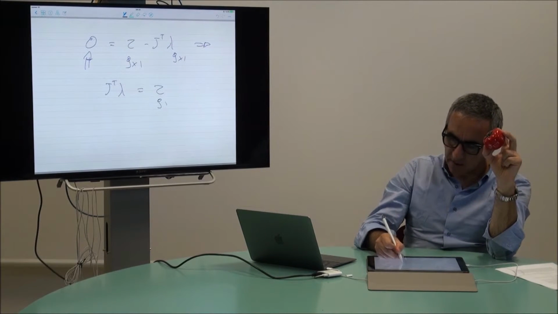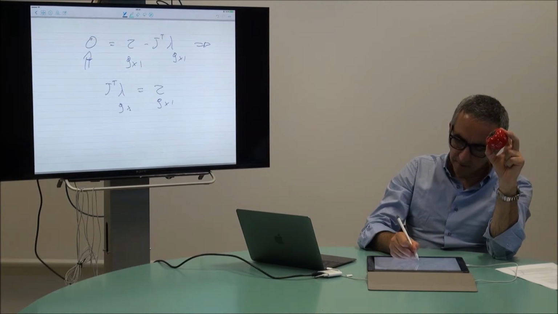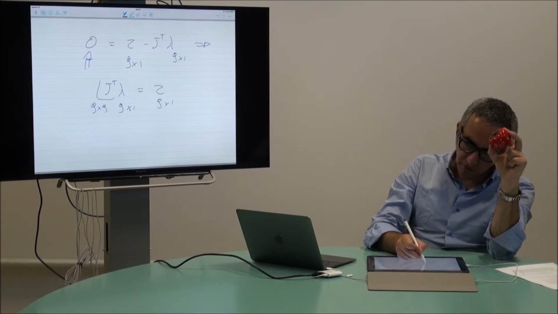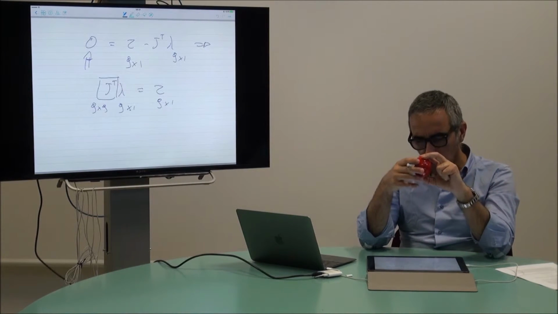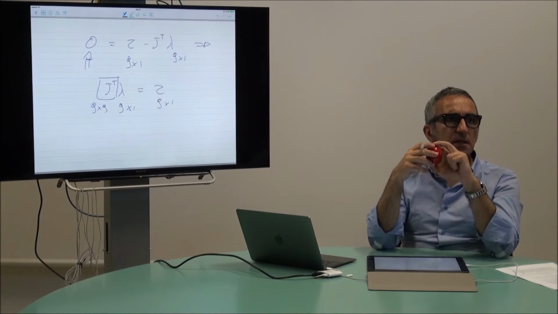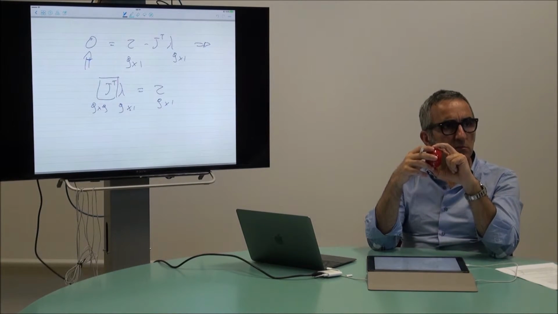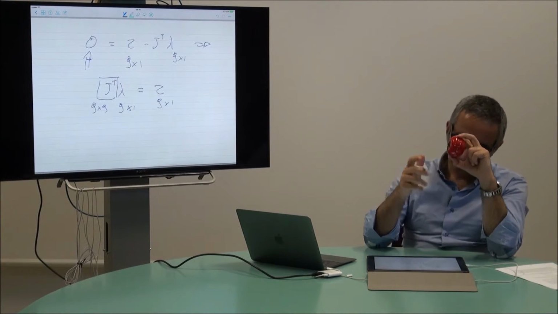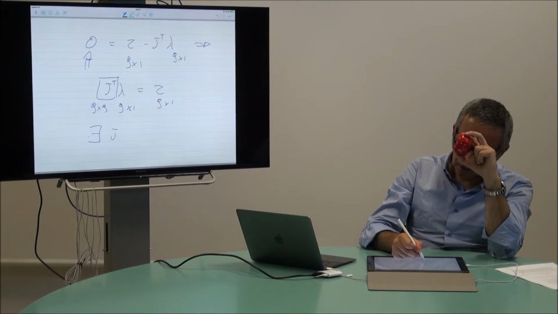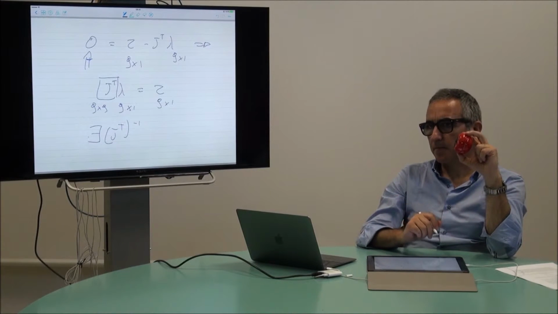This is 9 by 1, this is 9 by 1, and this is 9 by 9, this matrix J transpose. What you have to assume is that J transpose is invertible. It's a 9 by 9 matrix and is invertible. So you have to assume that there exists J transpose minus 1. Okay?